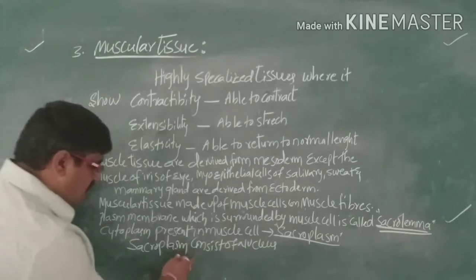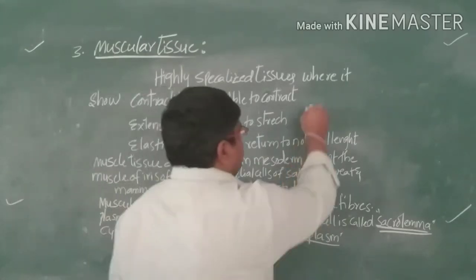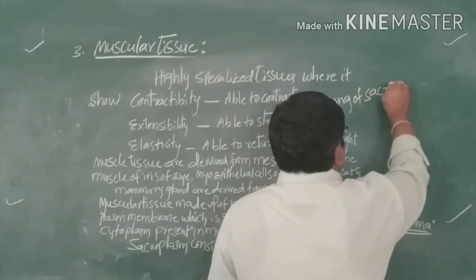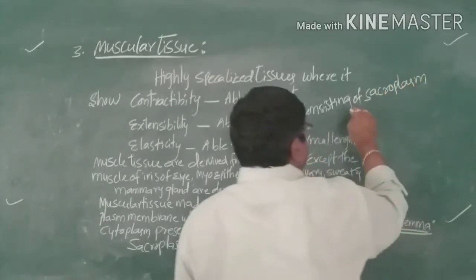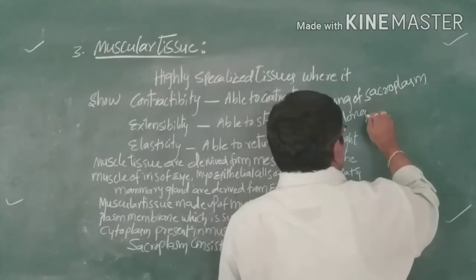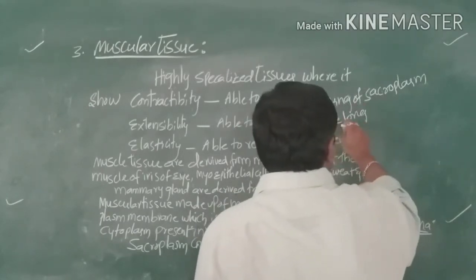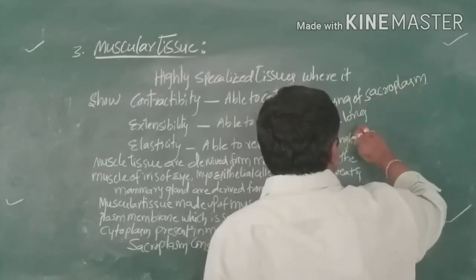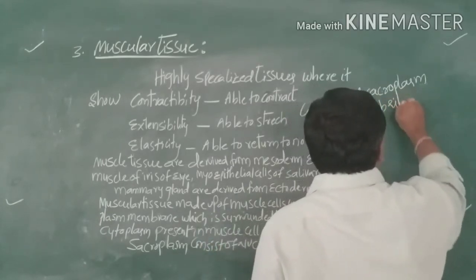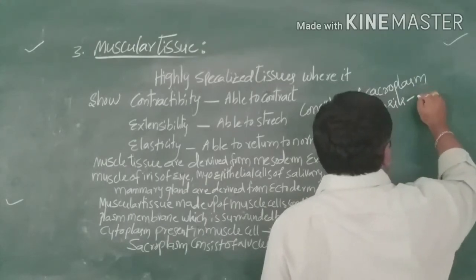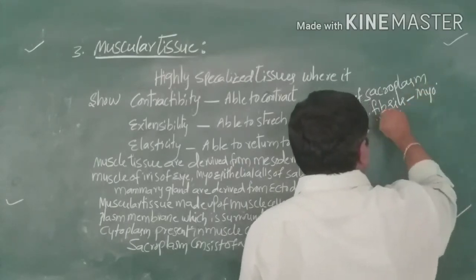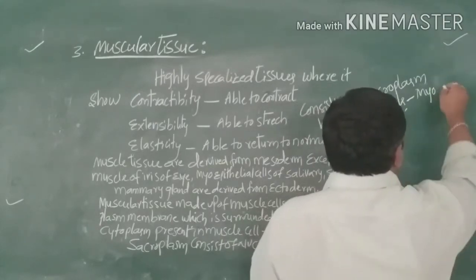That means the sarcoplasm has long fibrils present. Those long fibrils, we can call them as the myofibrils.